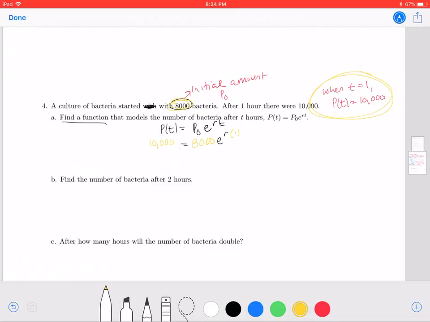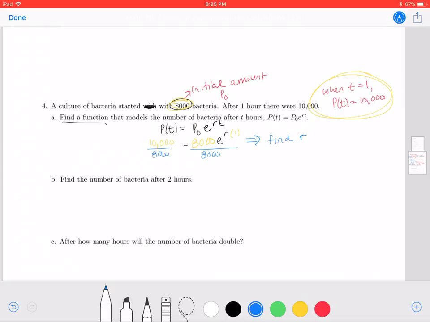So the only values left are e, which makes sense because that's a constant, right? e is 2.718, and so on. And r, which I don't know. So my goal here is going to be to find r. First thing I'm going to do is get that r out of the exponent, so we need to get that e term by itself.